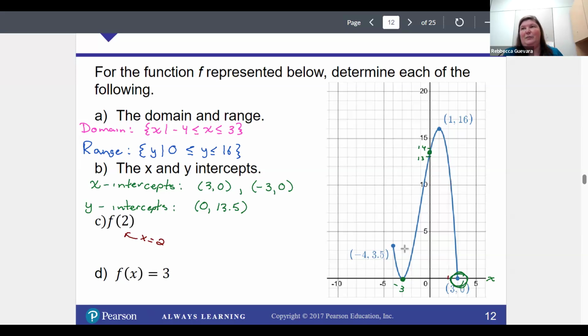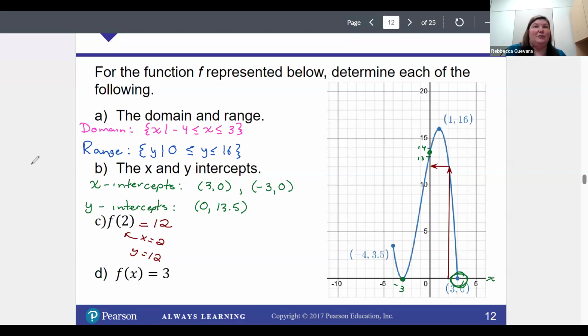Let me do that one more time because I got off at the end. If we go this way, then that's my y value. So 10, 11, 12. So when x is 2, that means that y will be 12. So we can say f of 2 equals 12.